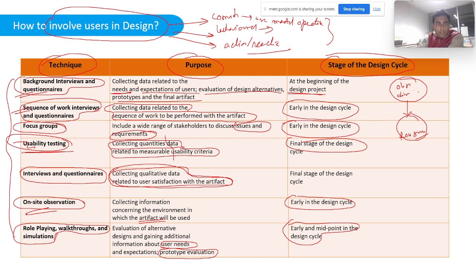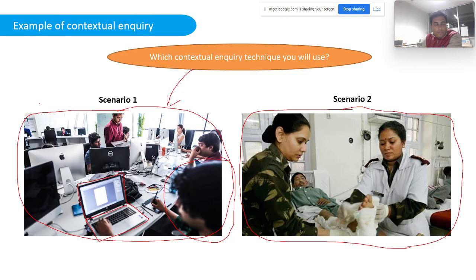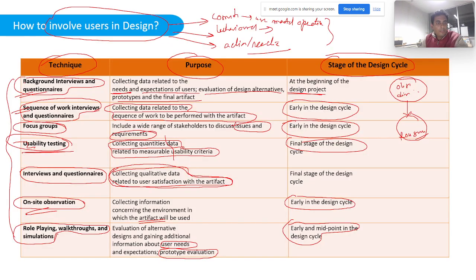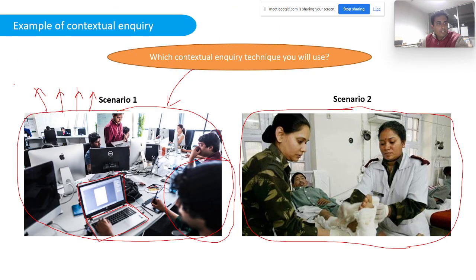Once you get to know about this particular scenario, you can move ahead and consult the higher authorities for further discussion, which can be a focus group. So first is your on-site observation.